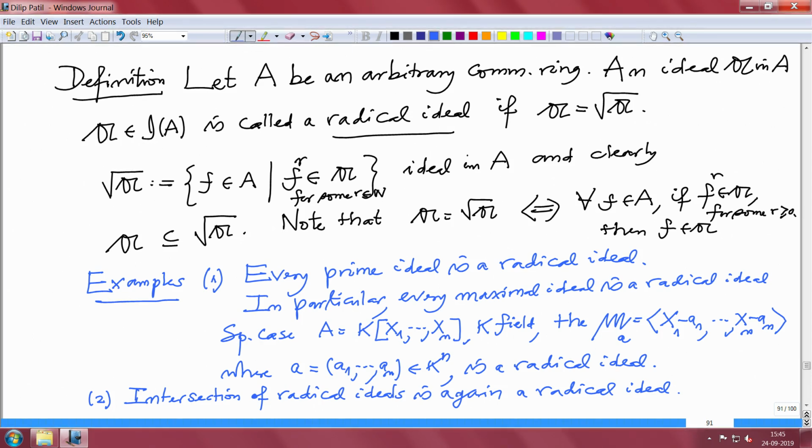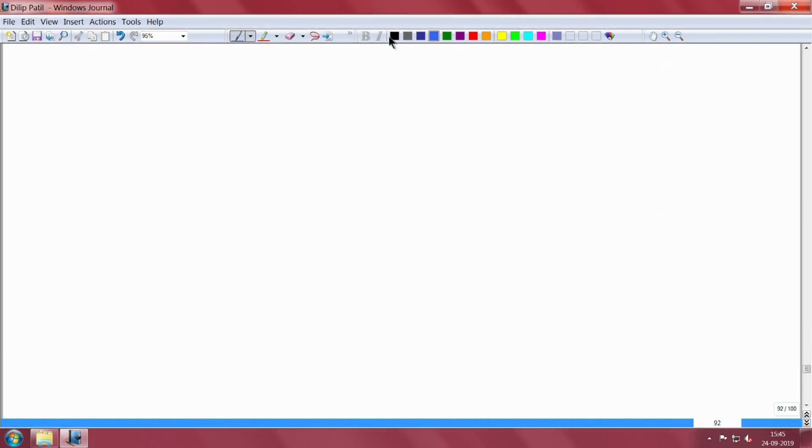Now, let us go on. So, this is a radical ideal. Let us see what we have achieved. Let us get back to our original setup. We are now defining a map from the set of radical ideals.